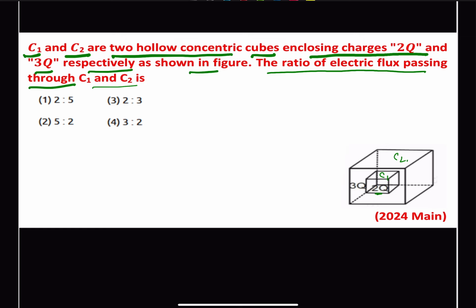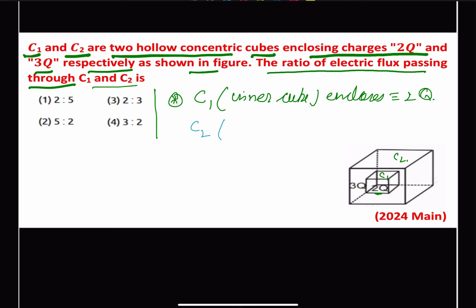Okay. So we can say that C1, which basically is our inner cube, encloses 2q, and we have C2, which is our outer cube, and it encloses 2q plus 3q, which comes as 5q.